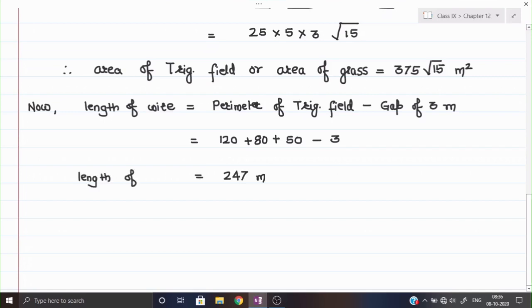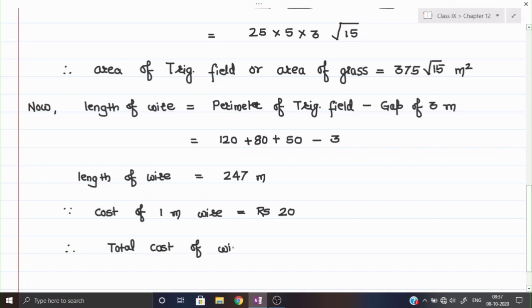Okay, now this long wire they have purchased. Now the cost of 1 meter wire is given here, 20 rupees. So we will write down, since cost of 1 meter wire is equal to rupees 20, therefore we can say that total cost of wire is equal to 20 multiplied by 247.